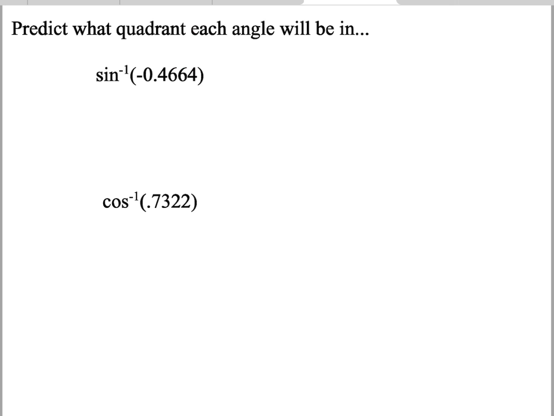If you had to predict what quadrant this would be in, can you tell me? Well, out of the 4 quadrants, what do we know inverse sine is going to wind up in? 1, 2, 3, or 4. If you're catching on, inverse sine is either going to be in quadrant 1 or 4. That's the rules.